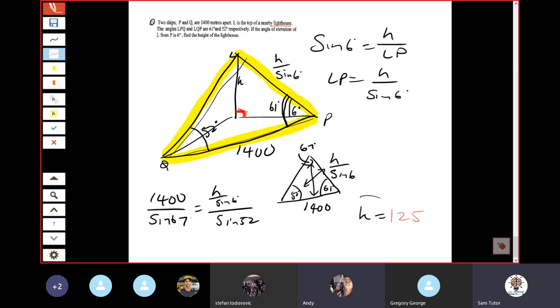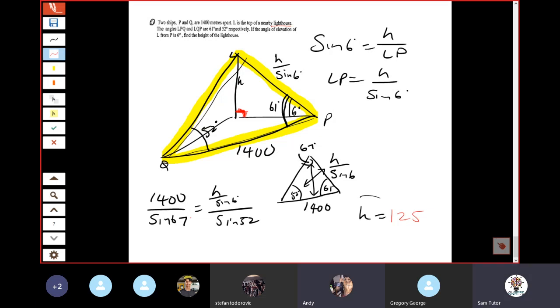Yeah, so I did sine 6 and then timesing 1400 sine 52 on sine 67. Yeah. And what did it say now? I've got negative 0.15. I'm confused. How? Sorry, say it again. What you've got?